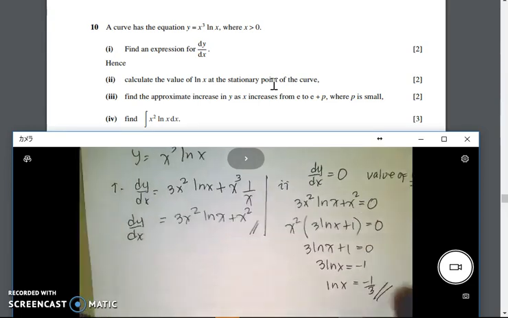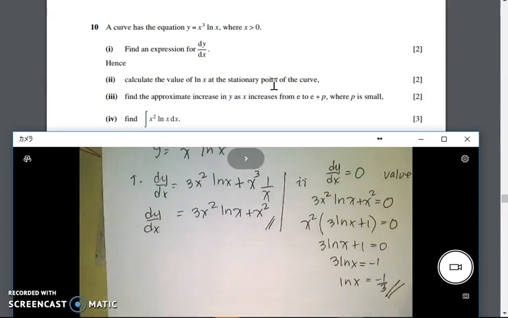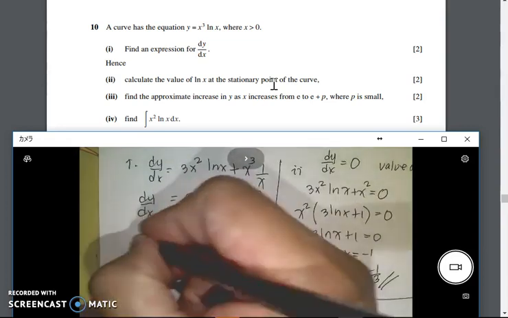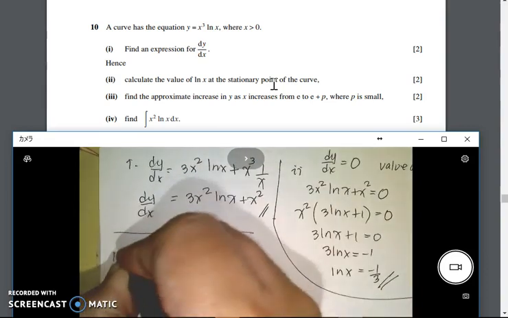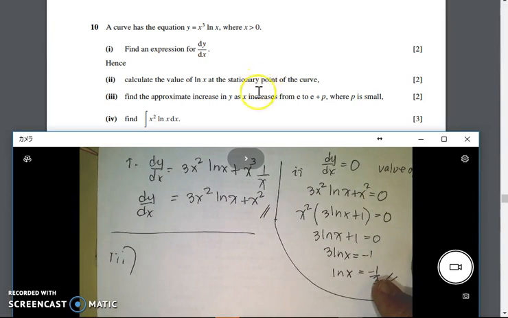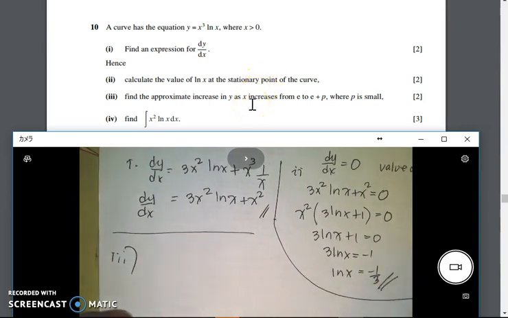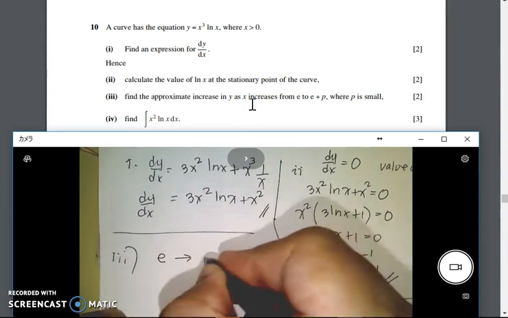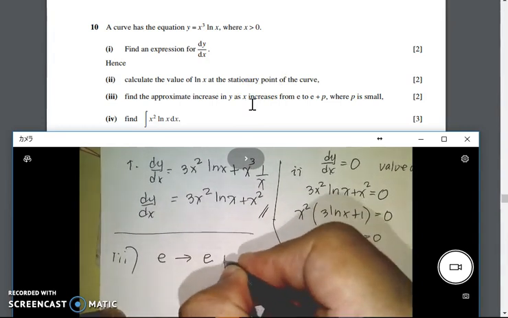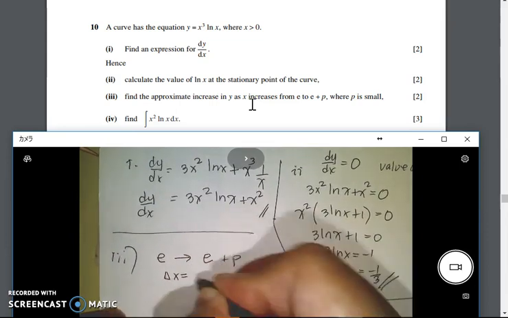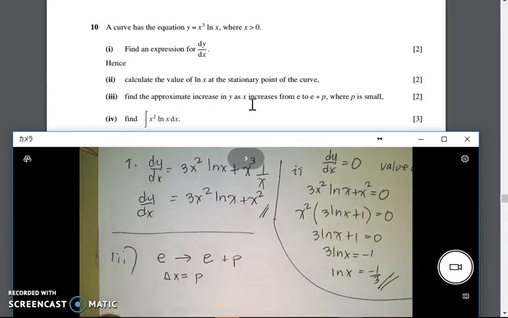For part 3, it says, find the approximate increase in y as x increases from e to e plus p, where p is small. It means our delta x is equal to p.